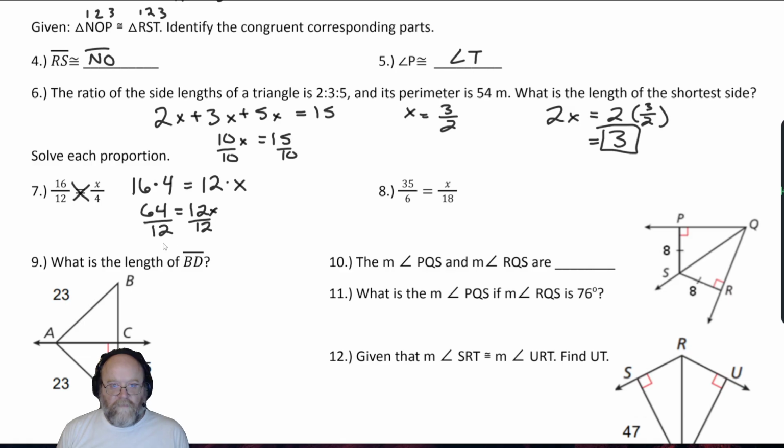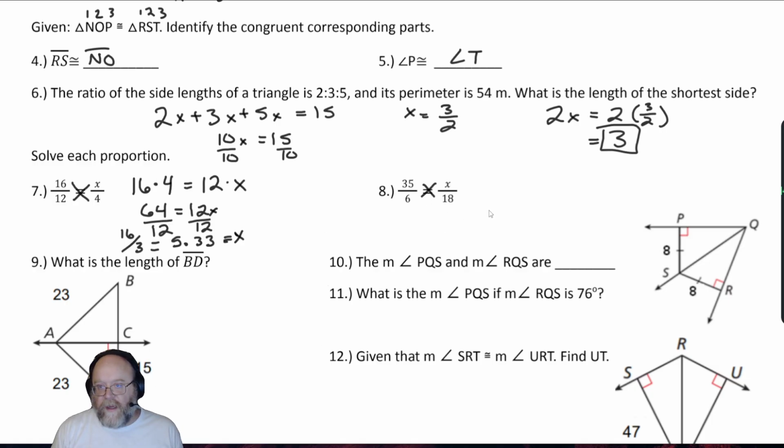Divide by 12, and you got 16 thirds, I guess, or 5.33. That's it.